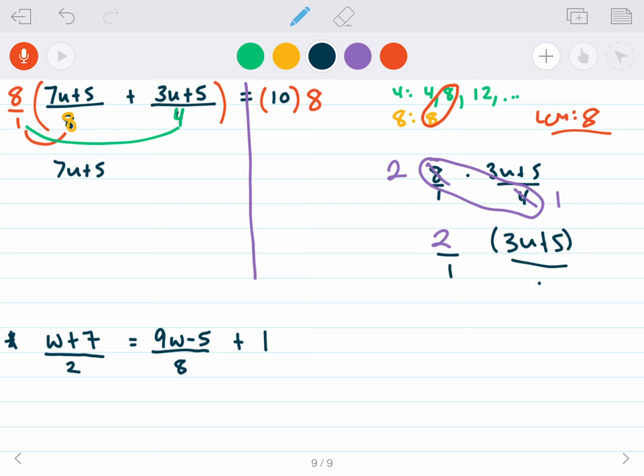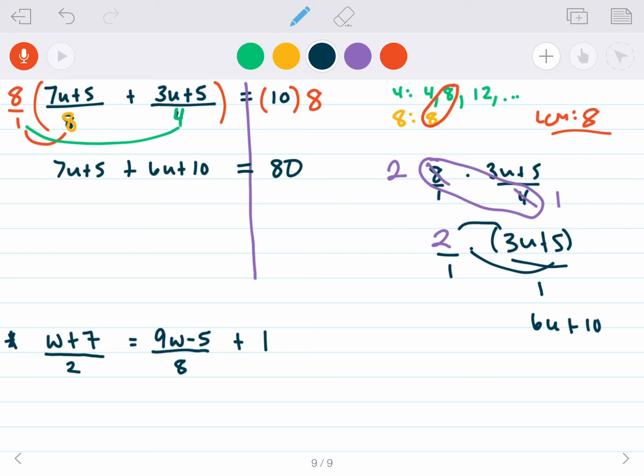I have to distribute that 2 in there, because it's 2 times everything. So 2 times 3u is 6u. 2 times 5 is positive 10. So this just becomes 6u plus 10. So that was the left side. And then on the right side, 10 times 8 is just 80.